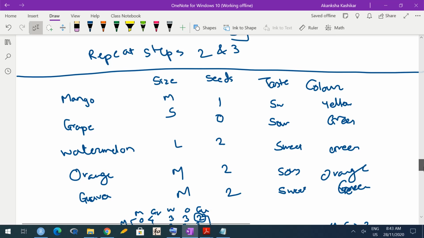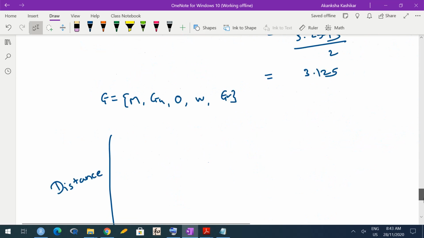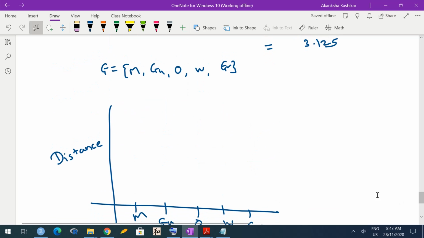Now at what distances did they get joined? So mango and guava got joined at the distance of 2. So let me put numbers on the y-axis. Suppose you have 1, 2, 3, 4. So at the height 2, I draw a horizontal line and then I connect the two ends of that line to these two.